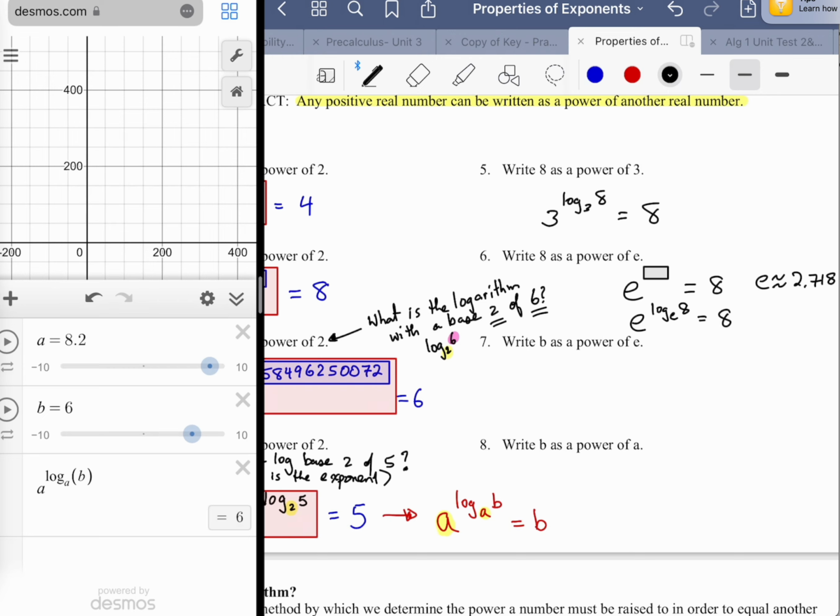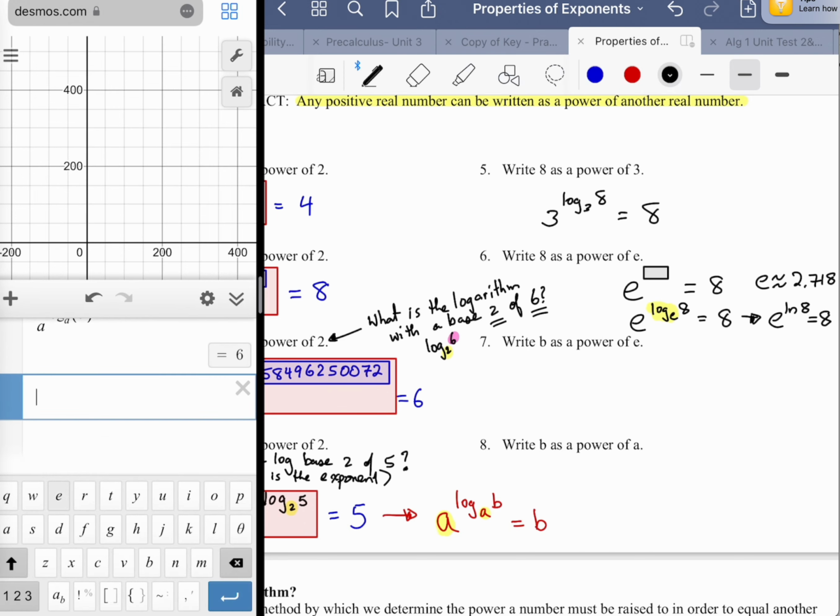All right. But that log base e is the definition of a natural log. All right. So this is the same as saying e to the ln of 8 is going to be equal to 8. And that is also something we could test out on Desmos.